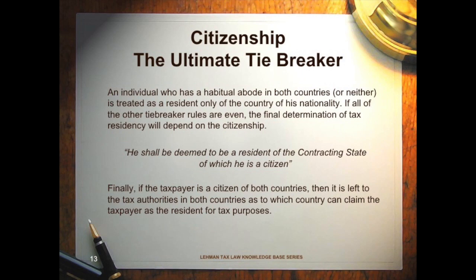Now, if we have an equal habitual abode, so each one of the three tiebreaker rules come out to be a tie, then we go to the authorities of both countries, and those authorities try to figure it out as to who owns you for tax purposes.